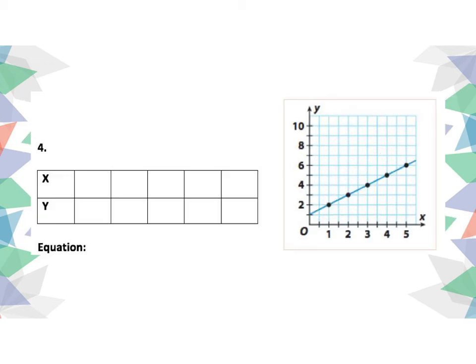For this example, we will again look at the graph to find points to plug in for our table. I notice that the graph crosses the y-intercept when x is 0 and y is 1. So I'll plug that in for my first x and y coordinate. There's also a point where x equals 1 and y equals 2.